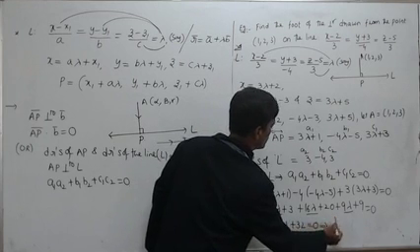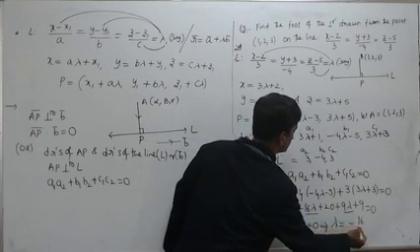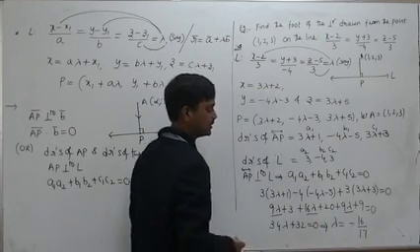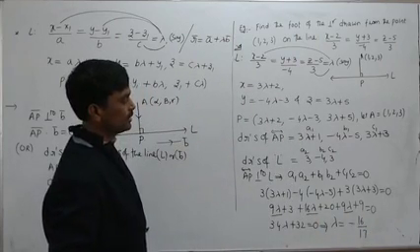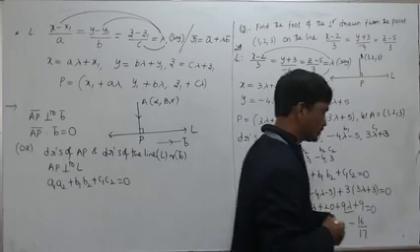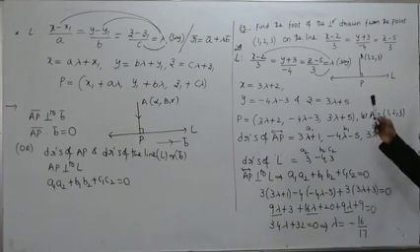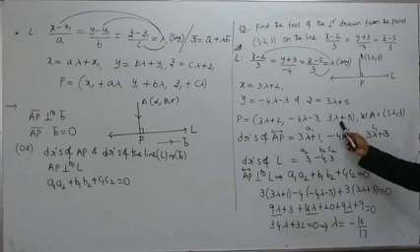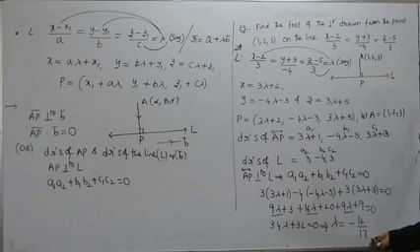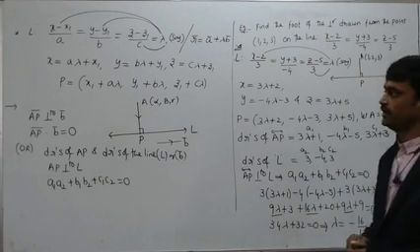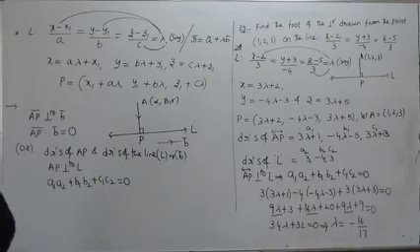This implies lambda is minus 16 by 17. After getting lambda, we have to find the foot of the perpendicular, that means the coordinates of P. In these coordinates, you put the lambda value minus 16 by 17.